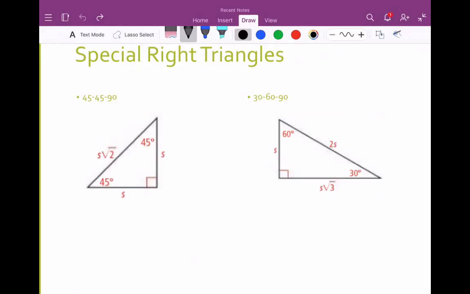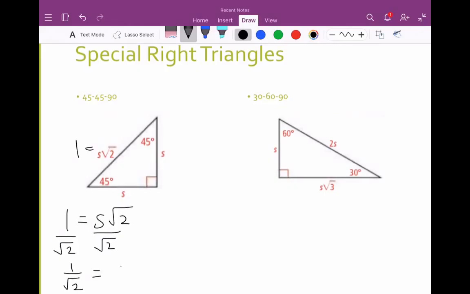So what that means for a 45, 45, 90 triangle is that we can figure out, if we know the hypotenuse, what the other 2 sides are. We just have to solve for s. So 1 equals s times the square root of 2, and then we divide by the square root of 2. So then 1 over the square root of 2 equals s.